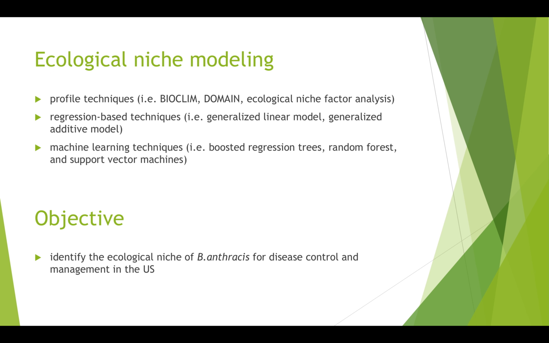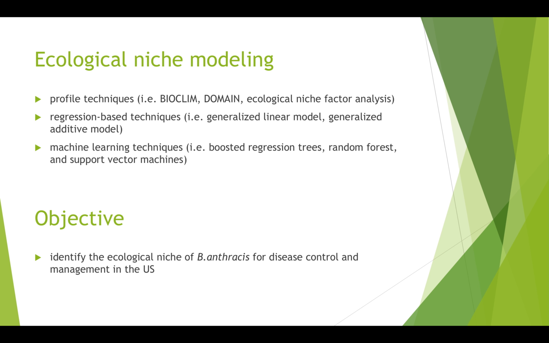Ecological niche modeling has been widely used to model species distribution and also the distribution of disease. And there are a lot of methods that can be used for species distribution models. For example, the profile techniques include BIOCLIM, DOMAIN and ecological niche factor analysis.